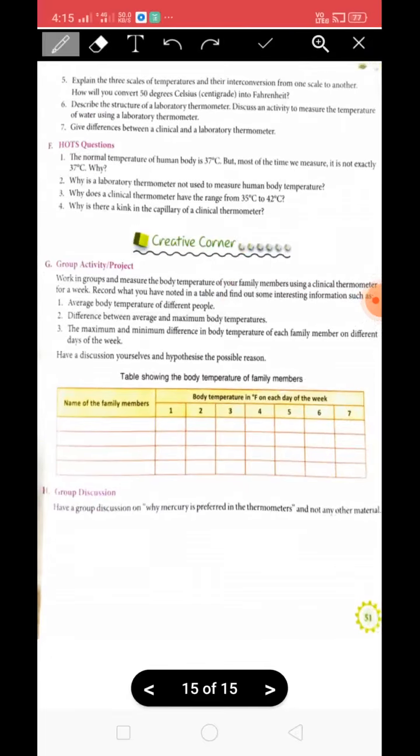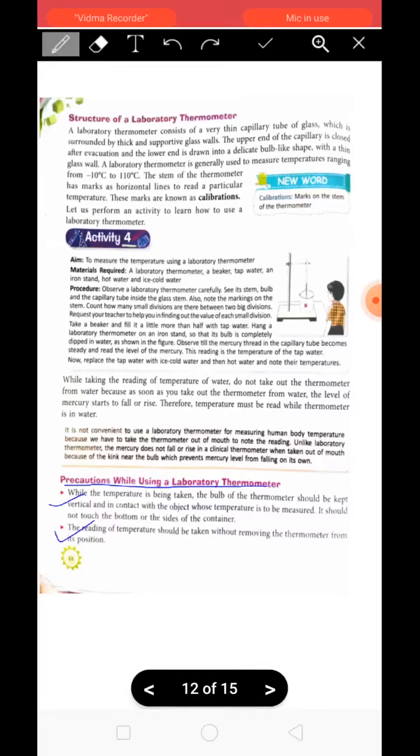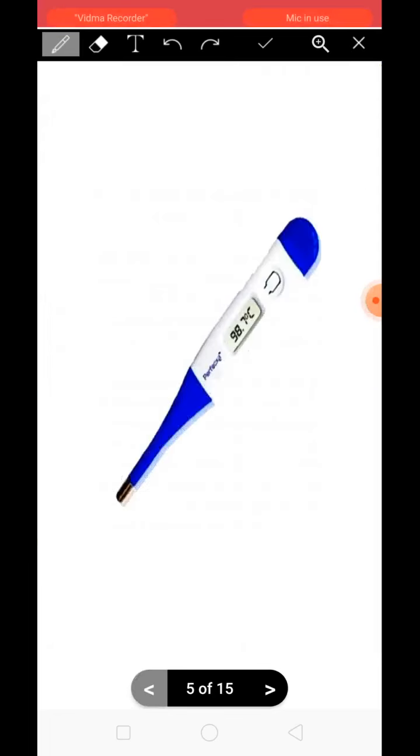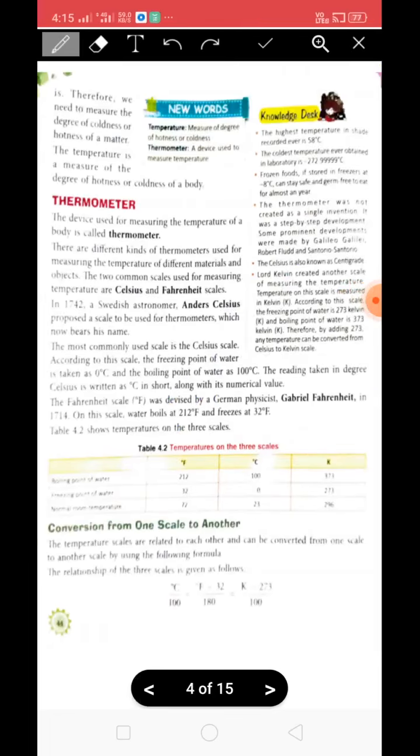Question number 5. Explain the 3 scales of temperature and their interconversion from one scale to another. The 3 scales to measure the temperature are Celsius, which is given by Anders Celsius. In 1742, a Swedish astronomer Anders Celsius proposed a scale used for thermometers which now bears his name, that is degree Celsius.